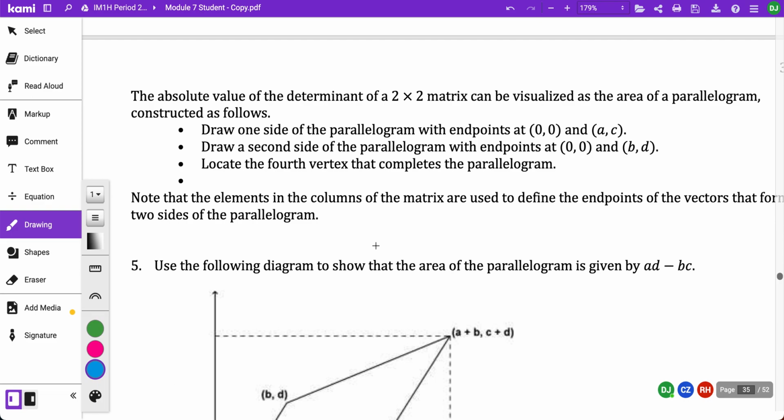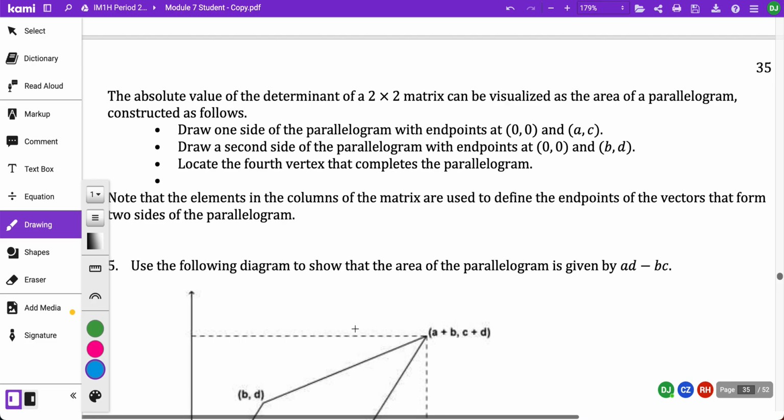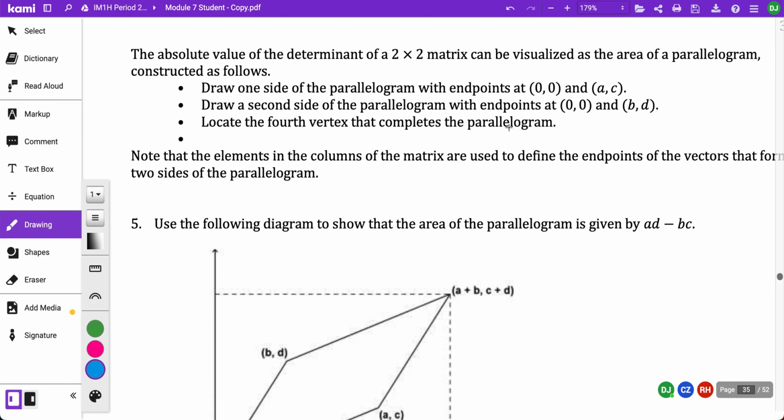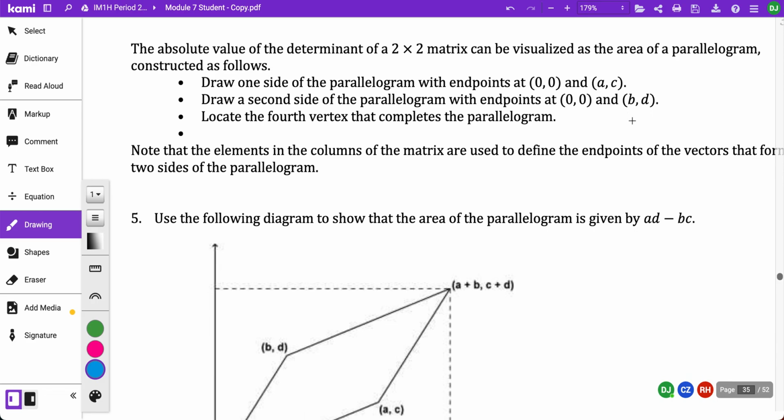We'll focus more on that in the future, but I do want to show you how it does equal this. Note that the elements of the columns of the matrix are used to define the endpoints of the vectors forming the two sides. So this gives us the instructions: we have 0, 0, and we have AC, and we have BD for another.